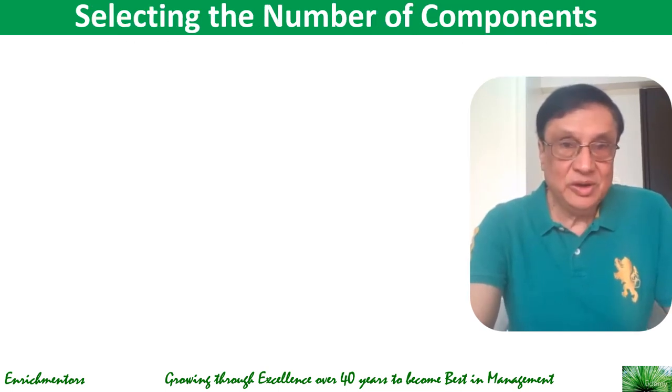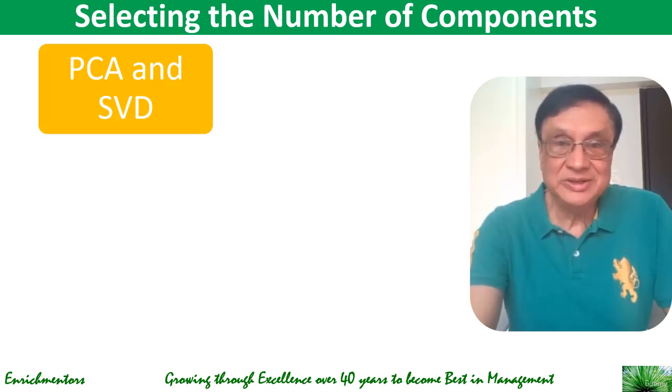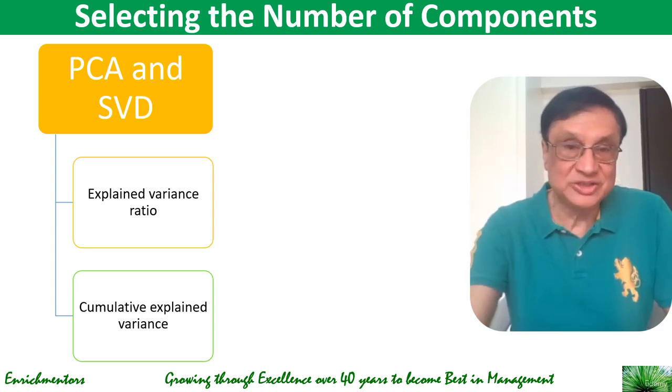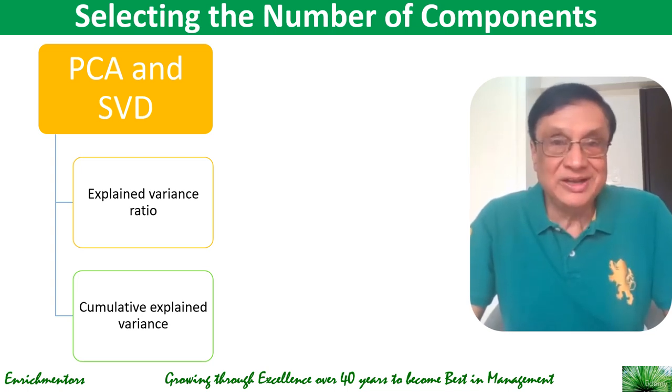For selecting the number of components, you can use PCA and SVD based on the explained variance ratio and cumulative explained variance. So basically you look at what percentage of the variance in the data is being explained by the factors or variables that you have selected.